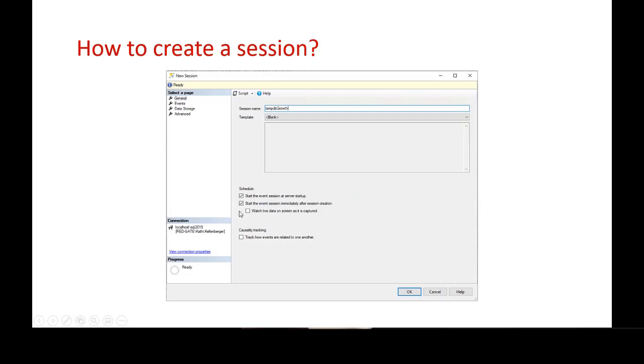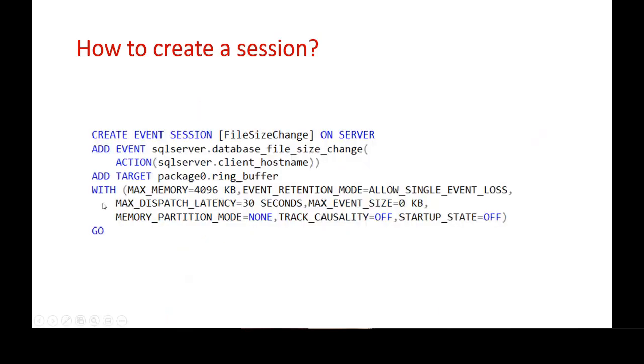Do I want the event to start immediately? Do I want the live data? Do I want causality tracking? So do I want it to group, if I have time, that's part of my bonus material, but do I want it to group things together so I know what happened within a particular transaction, for example?